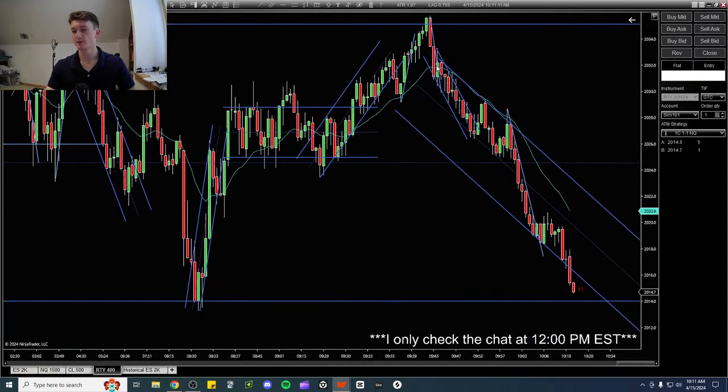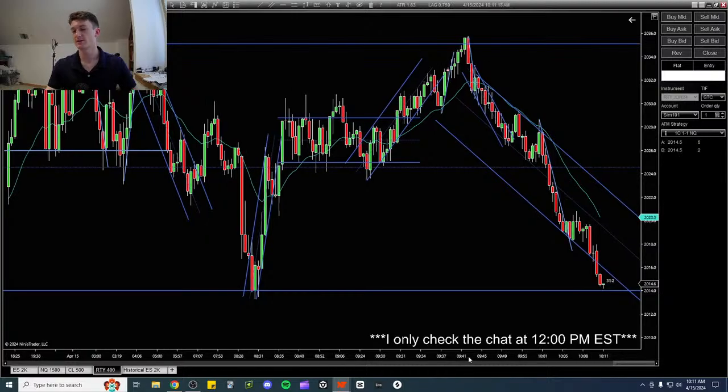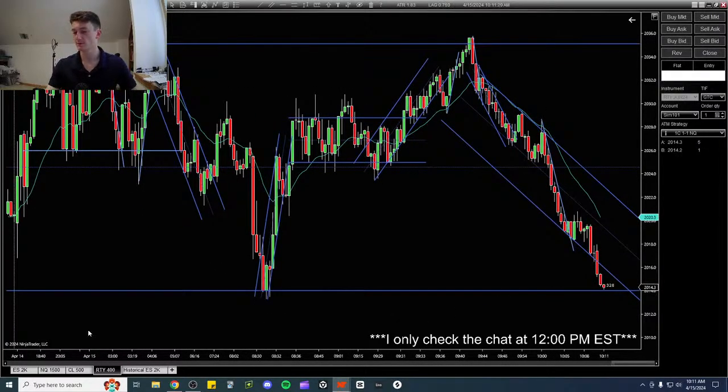The RTY is overshooting this downtrend. Makes me think that it's either incorrect or prices are getting a little bit too ahead of themselves to test the support level. So, not sure there.